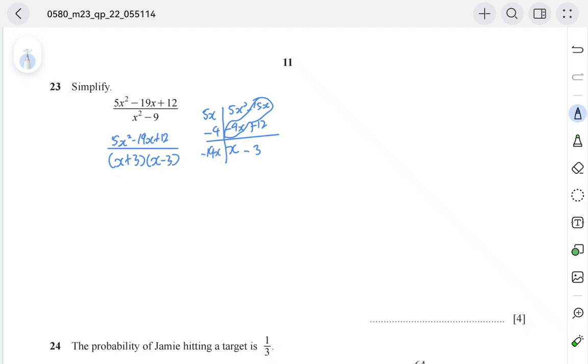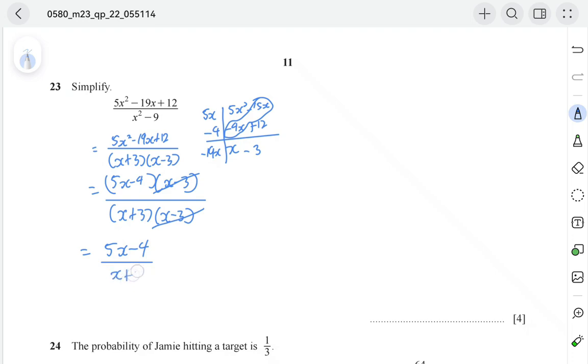Now we can rewrite this entire thing: 5x minus 4, x minus 3, over x plus 3, x minus 3, and we can cancel out the two brackets, leaving us with 5x minus 4 over x plus 3 as our final answer.